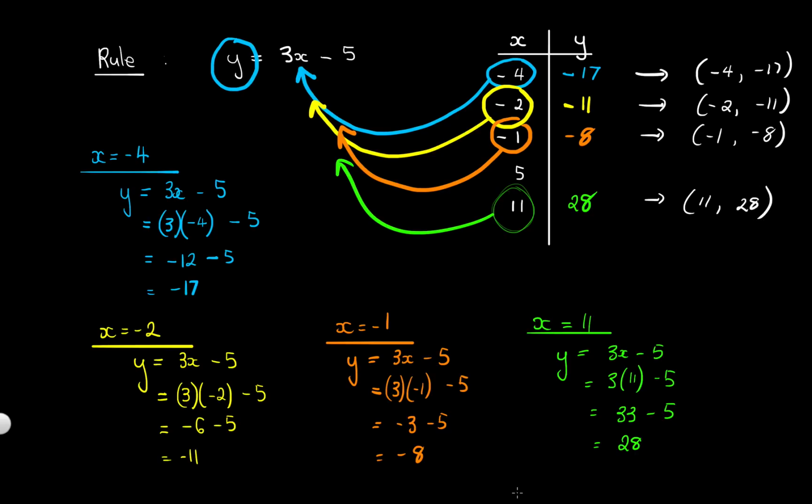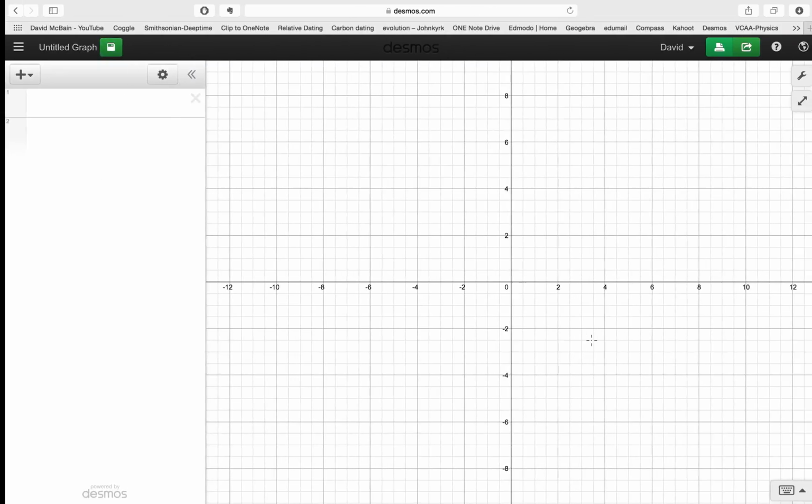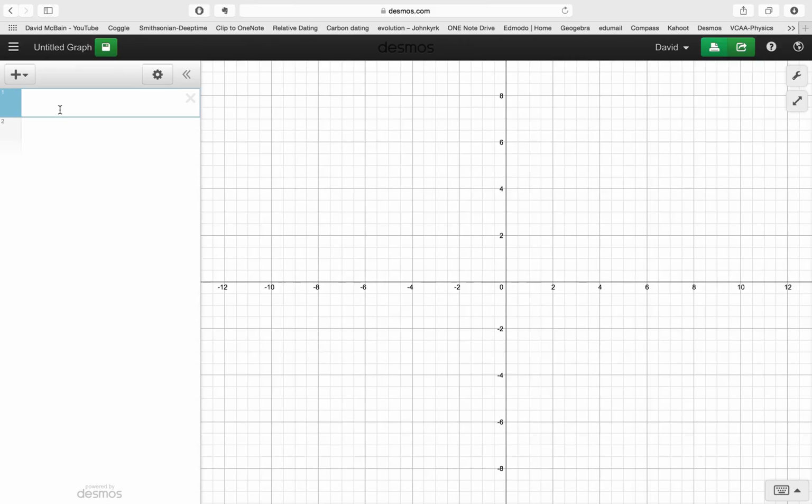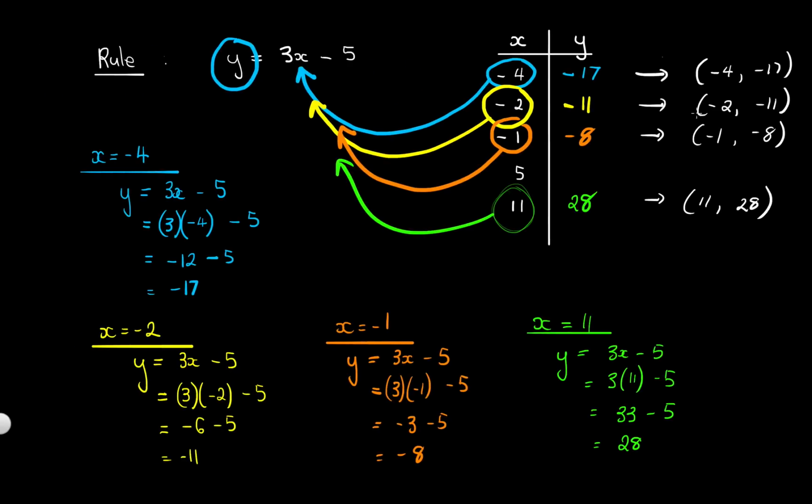Now, we can plot those points on, well, for example, on Desmos, or you could just graph them on a plot. I'm going to do it on Desmos just to make it a little bit quicker. So the first point is -4, -17. The second point is -2, -11.